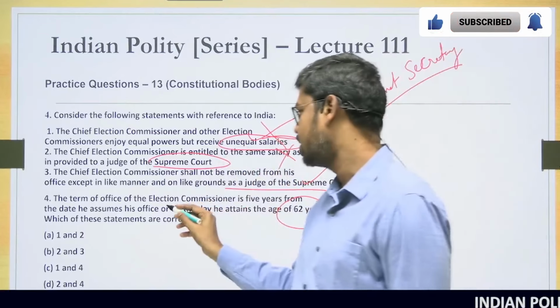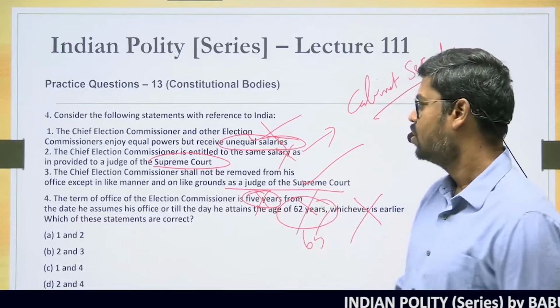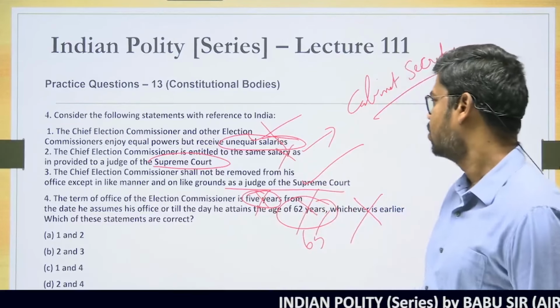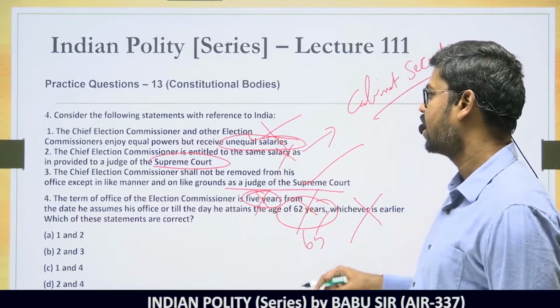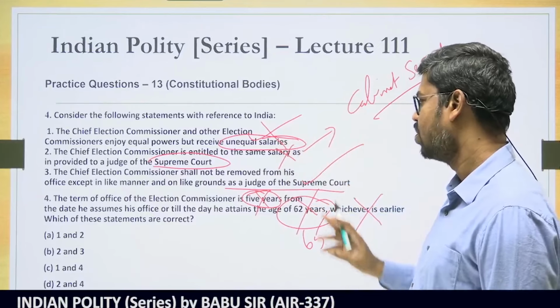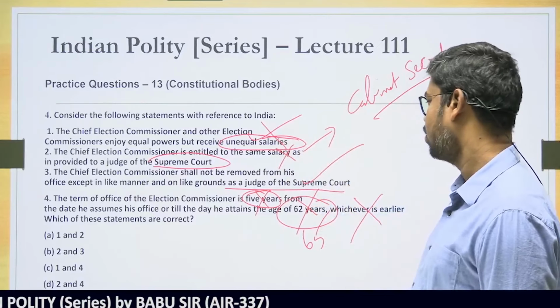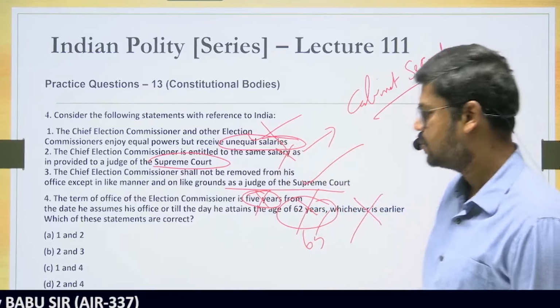So here it is 6 years. It is not 5 years. So in both the cases it is wrong. So anyway, statement 4 is wrong. So what are the right options that we have? Which of the statements given above are correct? So 1 is wrong, 2 is wrong, 3 is correct. What about statement number 4? It is 6 years or 65 years.